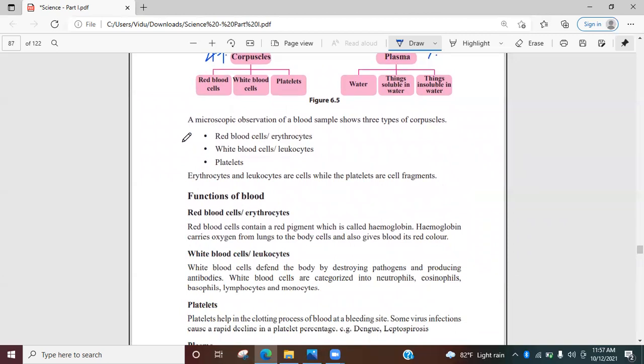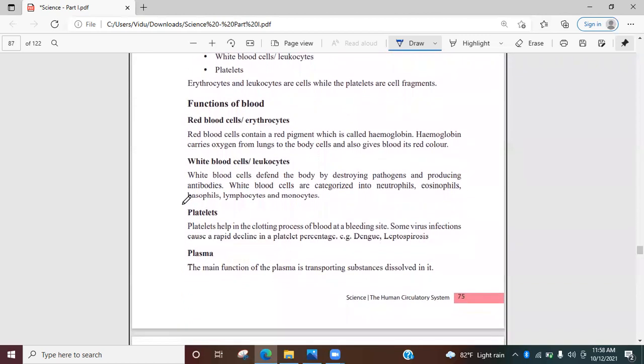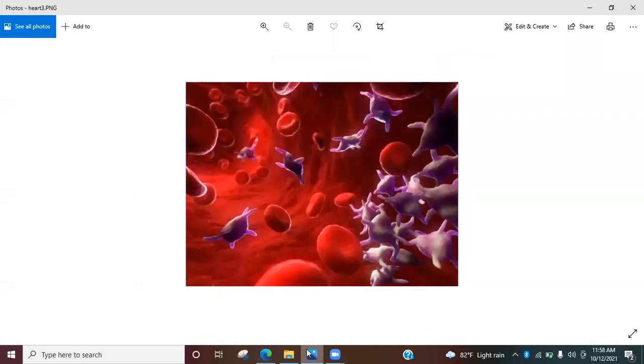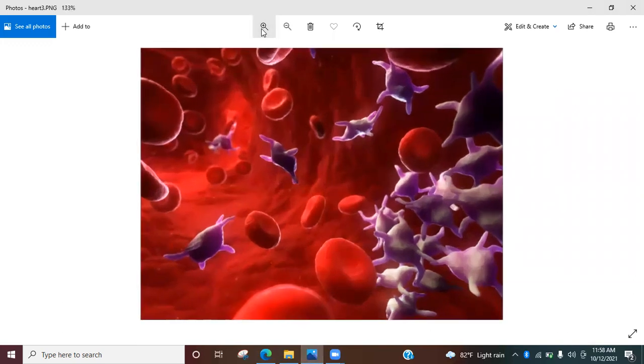A microscopic observation of a blood sample shows three types of corpuscles: red blood cells, white blood cells, and platelets. Here you can see in this picture a microscopic view of a blood sample. You can see red blood cells and platelets.